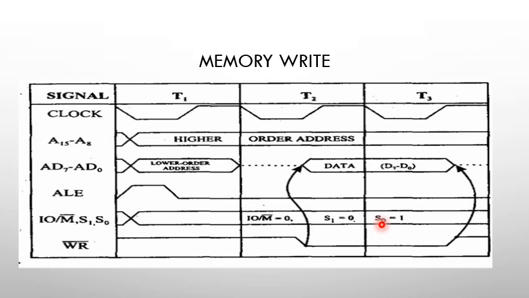This condition indicates the memory write machine cycle. During the T2 state, it selects the memory location in which the data should be written, and the ALE signal goes low during the T2 and T3 cycles. Since it has to write the data in the memory, the WR bar signal goes low and the microprocessor starts writing the data.